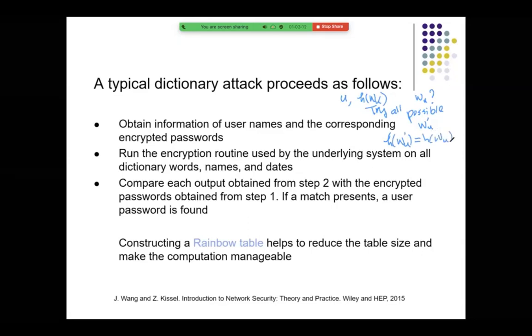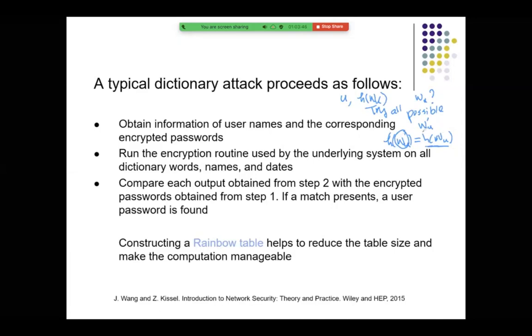H of W. Now, we know that H is a hash function. So even though this particular W sub U prime may not be identical to W sub U, they may have the same hash. That would count too, because what gets stored in the system is the hash. So if you get a W sub U prime with the same hash, then you will be allowed to get in.